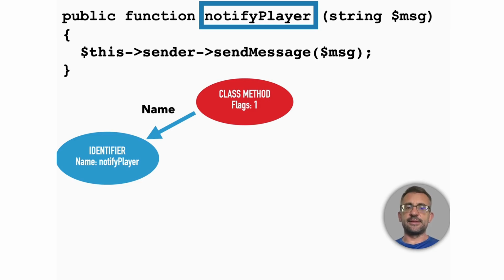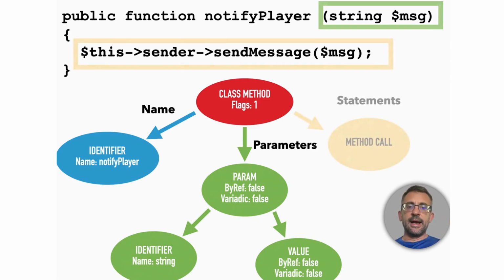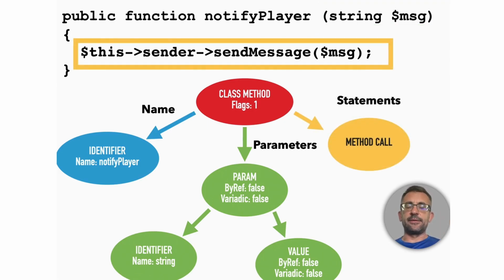So hopefully we're starting to see the connection between the nodes in the abstract syntax tree and the code that they represent. A class method also has a parameters node, and here there is a single parameter which has an identifier which is type string. And in this case there is just one statement, which is a method call.